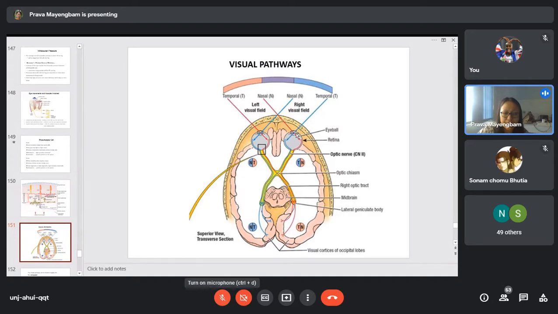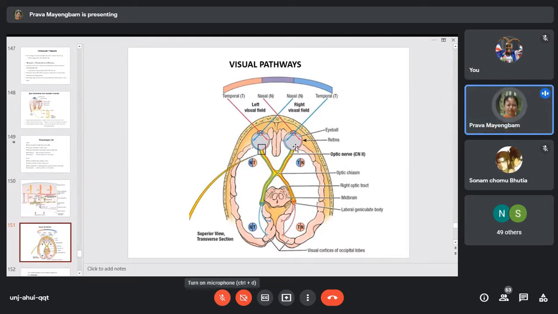That means the retina of the eye. The retina of the eye has two portions, the nasal part and the temporal part.